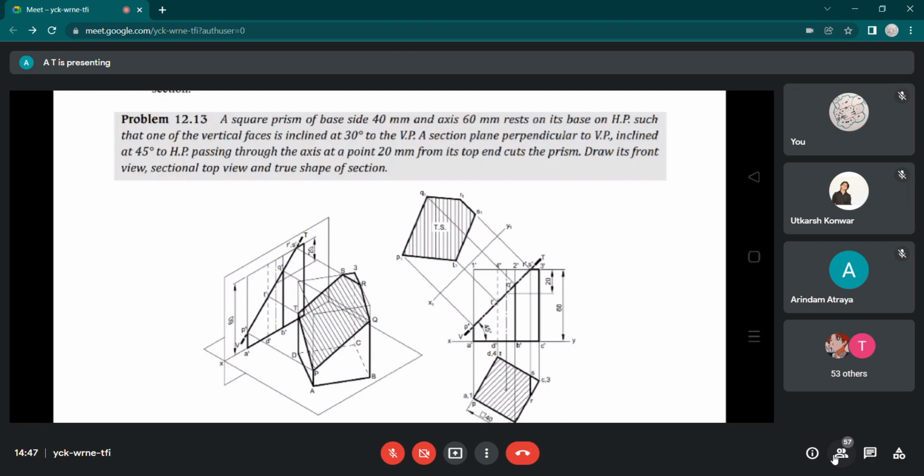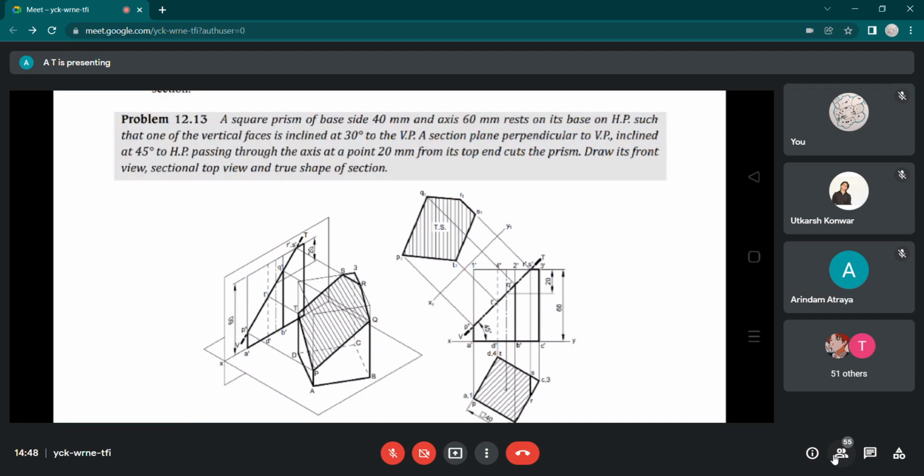So this square prism is cut by a section plane which is perpendicular to the VP and inclined at 48 degrees to the HP.